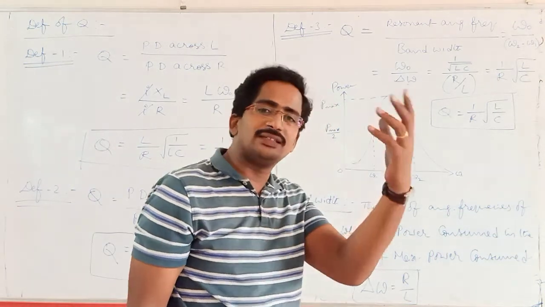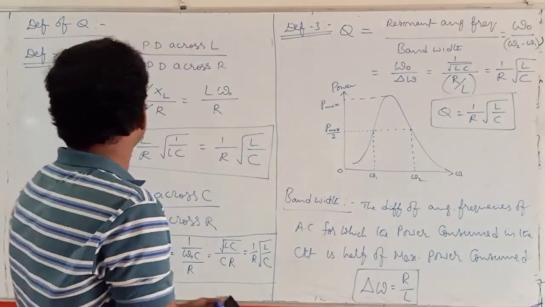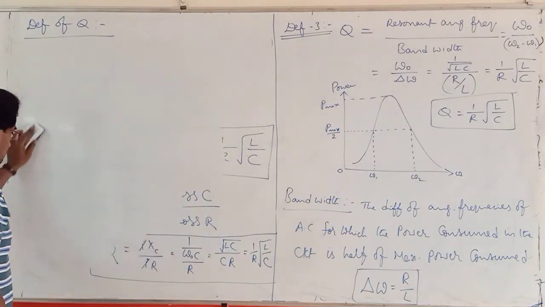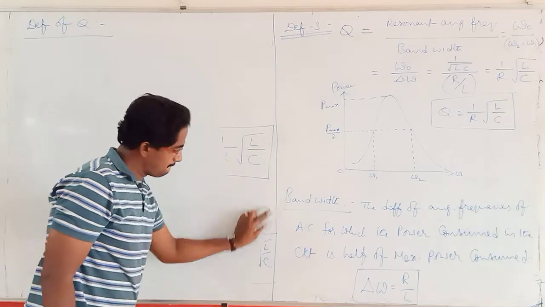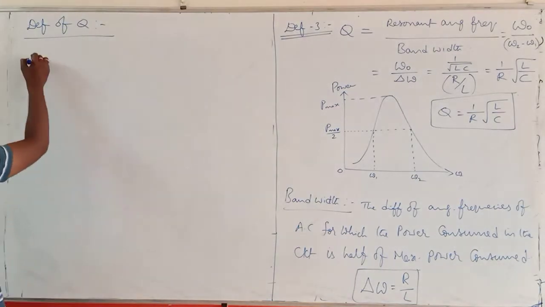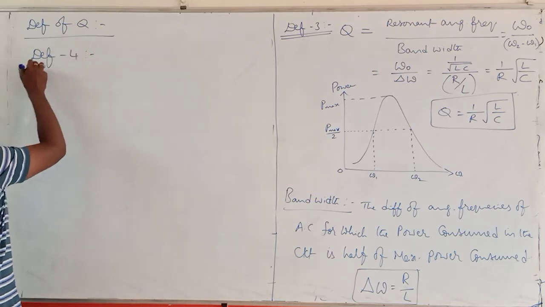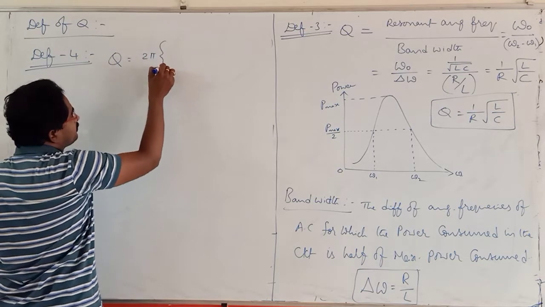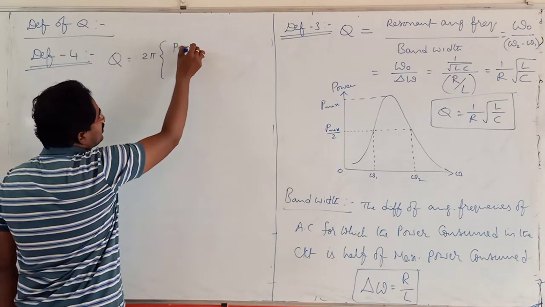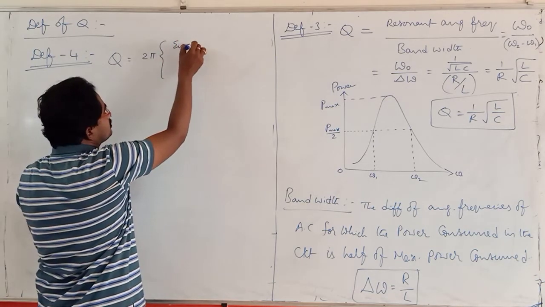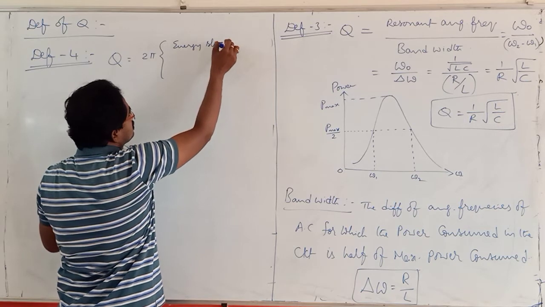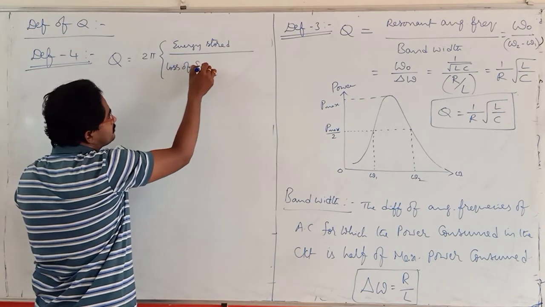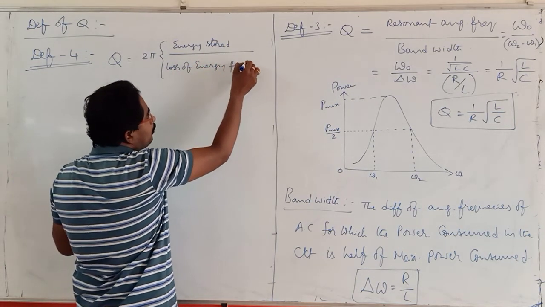Similarly, there is one more, a fourth definition of Q: Q is equal to 2 pi times the energy stored divided by the loss of energy for one time period.